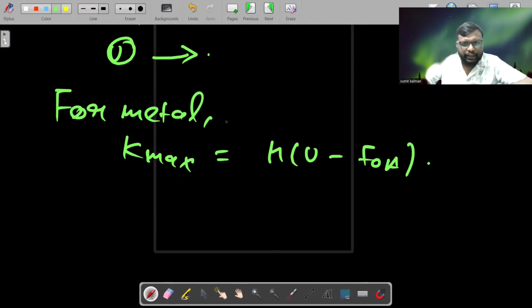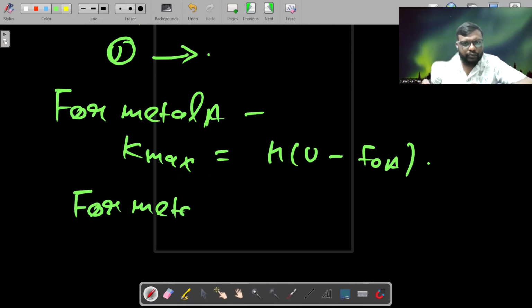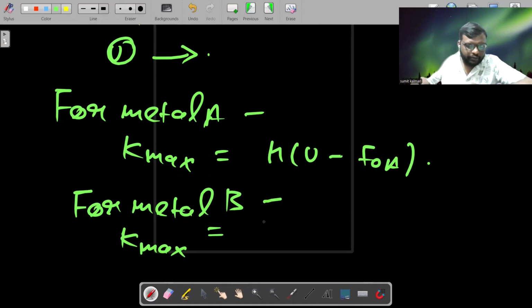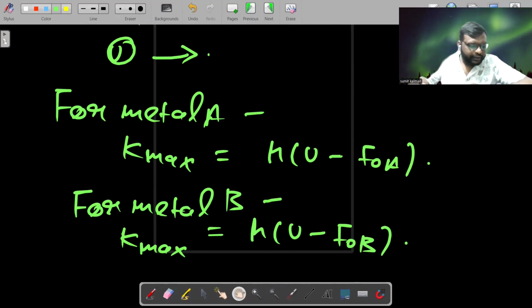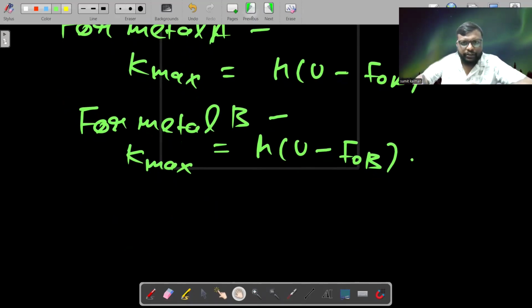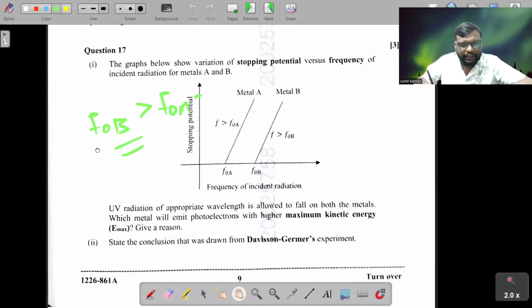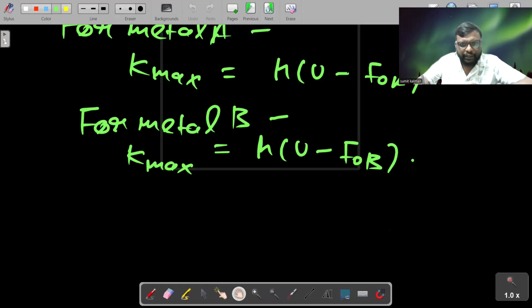This is for metal A, and for metal B, the maximum kinetic energy is given by hν minus ν0B. And here, as you can see, ν0B is greater than ν0A.